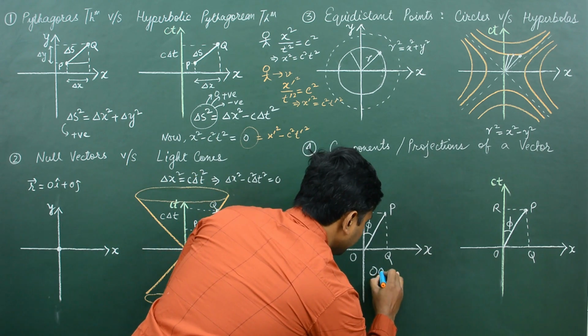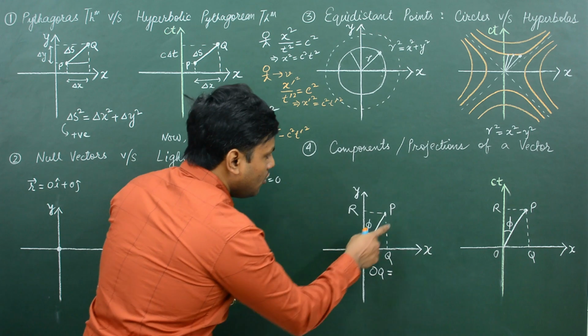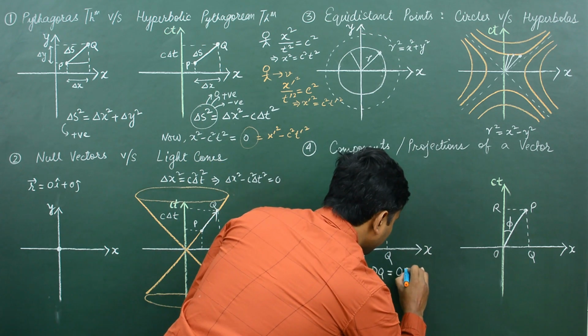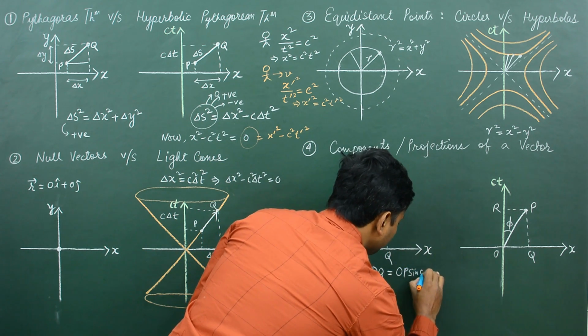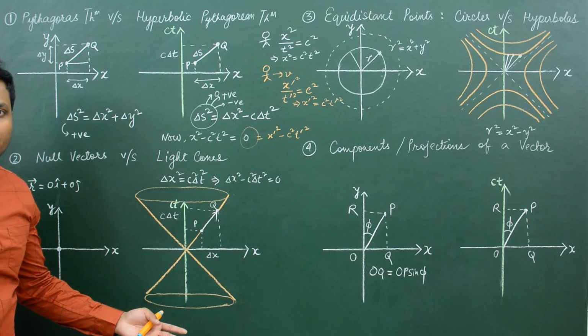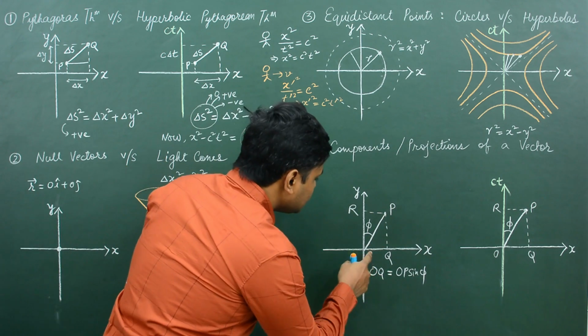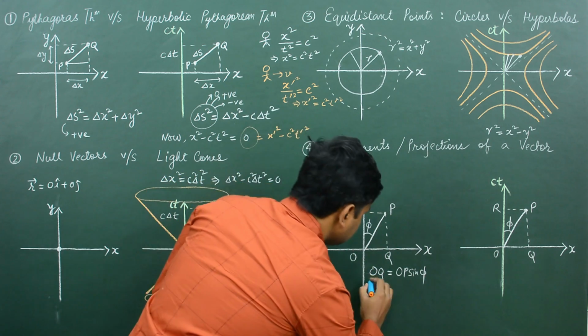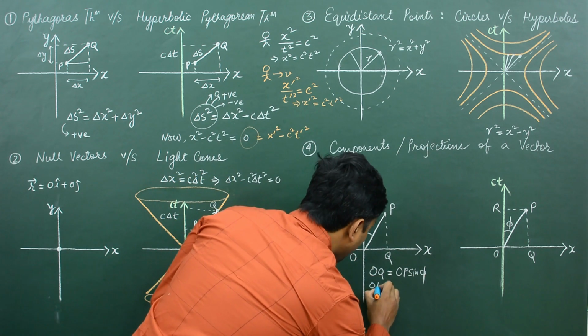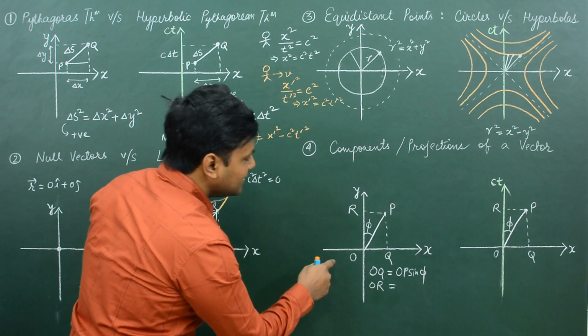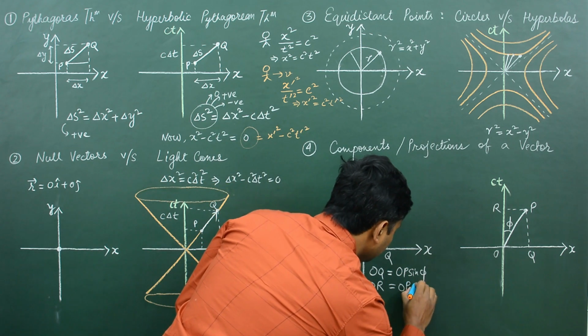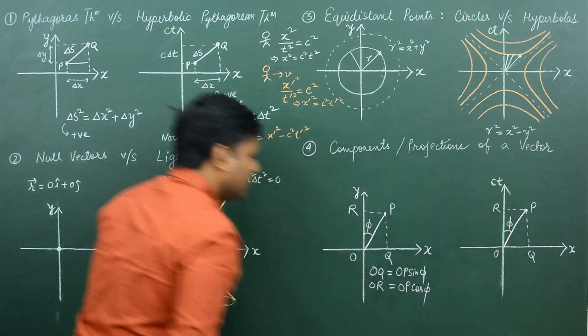OQ is simply equal to OP sine phi. Yes or no? Very obvious. If I want to project OP onto the y-axis, then we will get OR. What is OR? OR is nothing but OP cos phi.